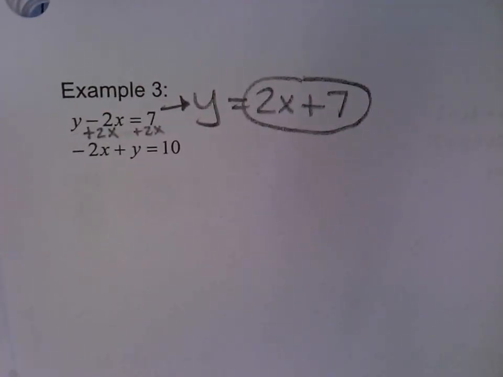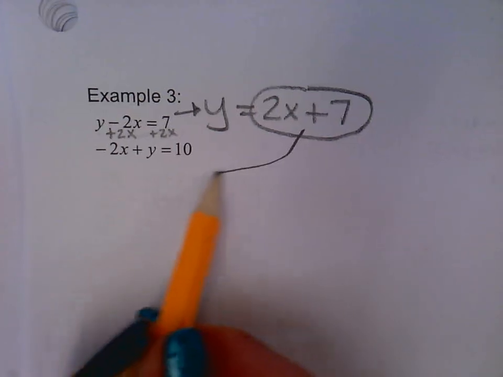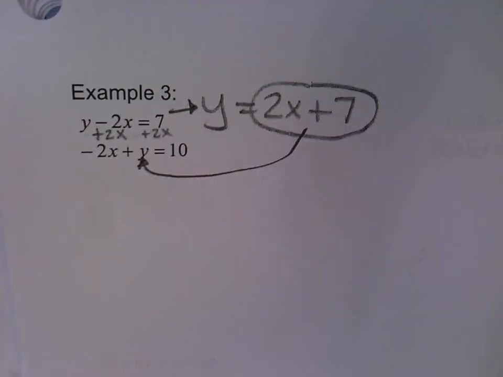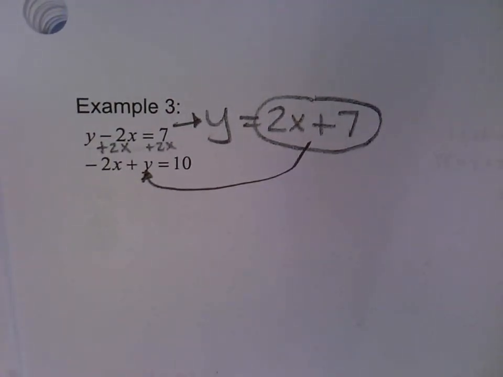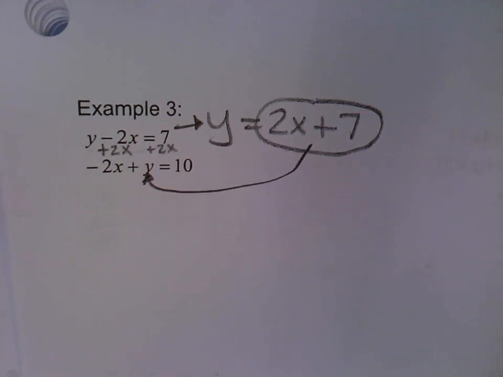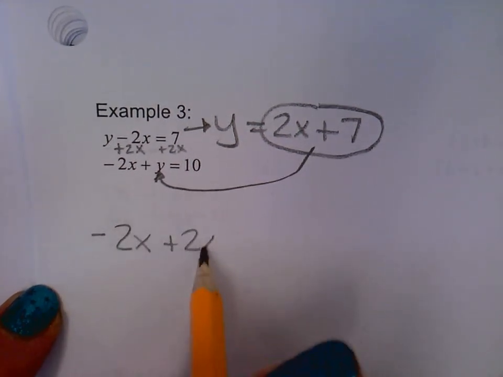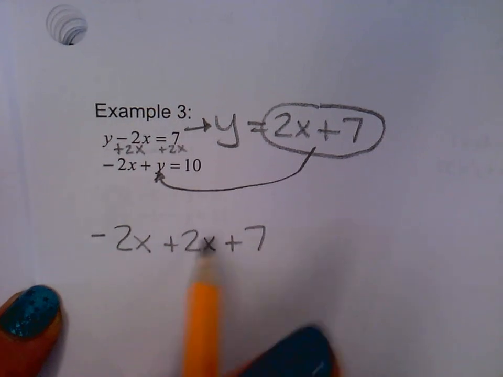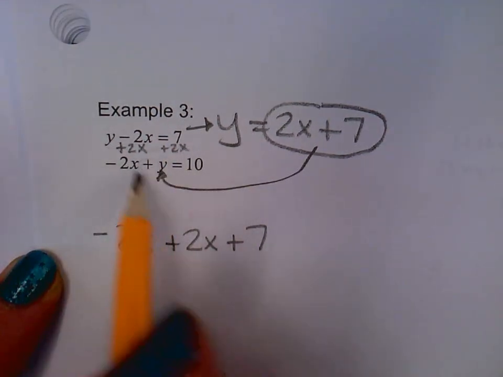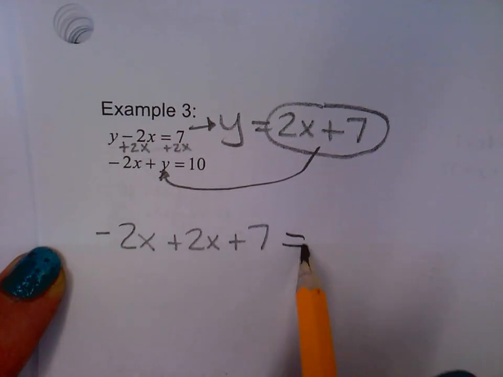So that's ready to get plugged into the bottom equation where that y goes. So I'm going to rewrite my bottom equation: negative 2x plus 2x plus 7. I don't really need parentheses because the coefficient of y was just a plus sign, equals 10.